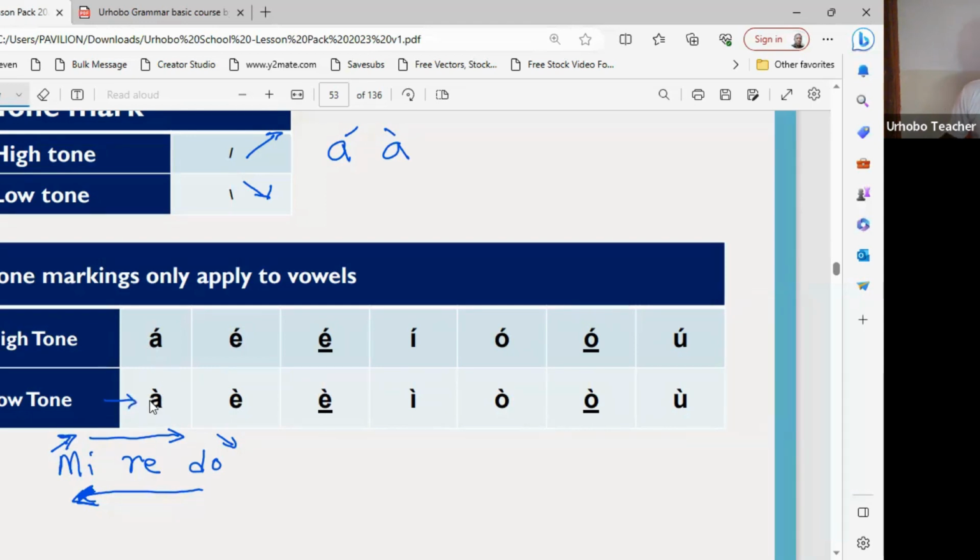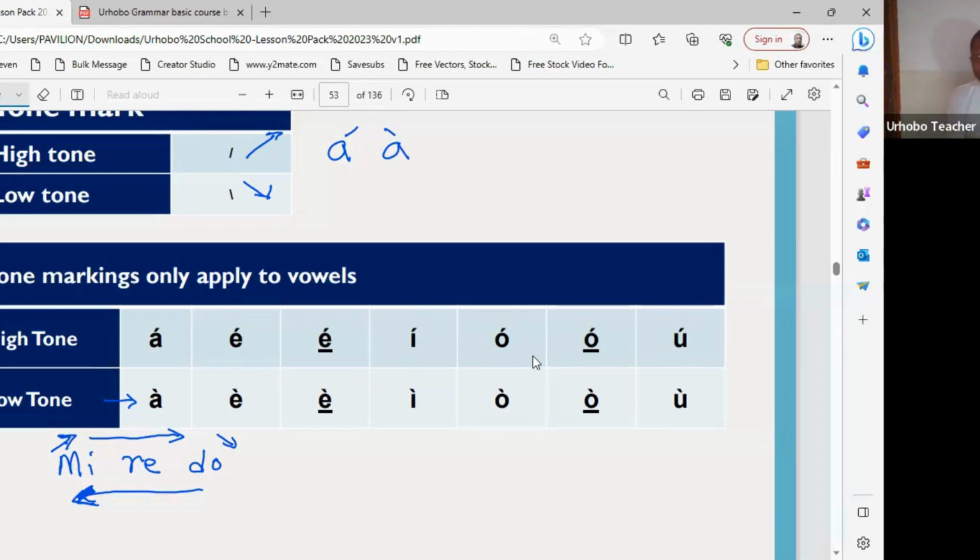A, E, I, O, U. Don't worry. I know it can be overwhelming sometimes, but we won't dwell more on it.